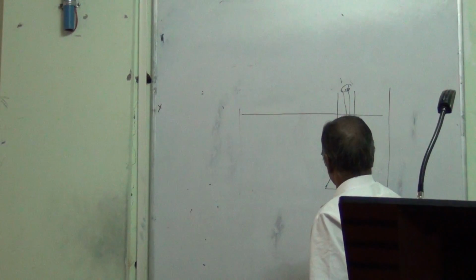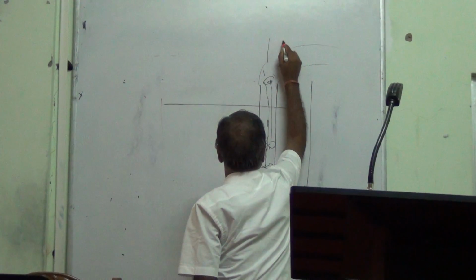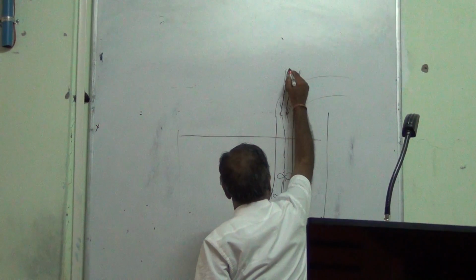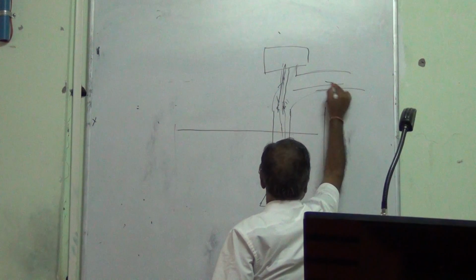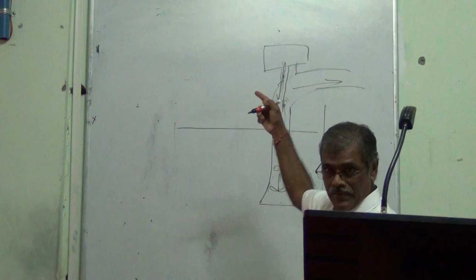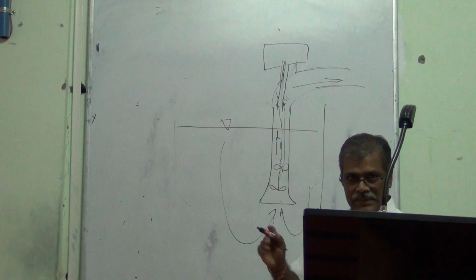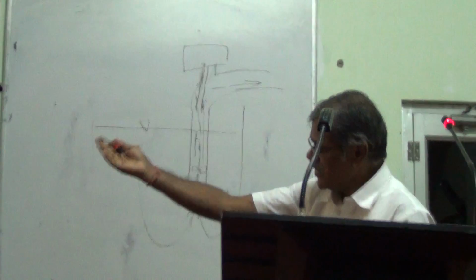The shaft comes down and rotates. Here you have the motor. It has a screen. The pump is that one, in the vertical position.